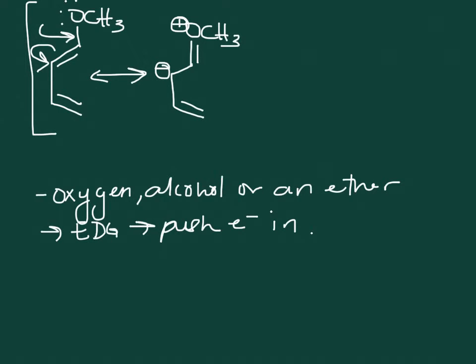So that we get a positively charged oxygen and a negative carbon. Then these electrons can be pushed in again, and then we can get a negative charge on the last carbon.